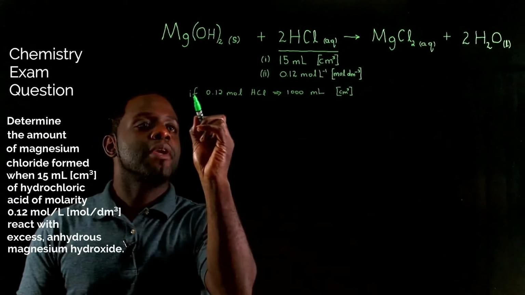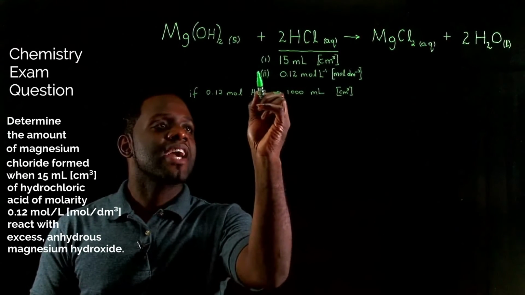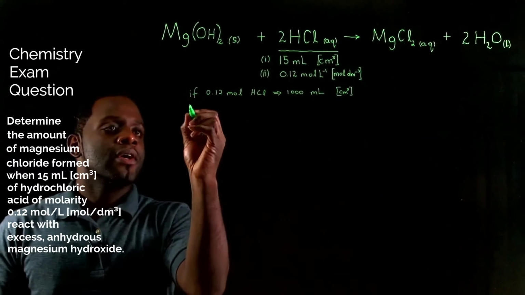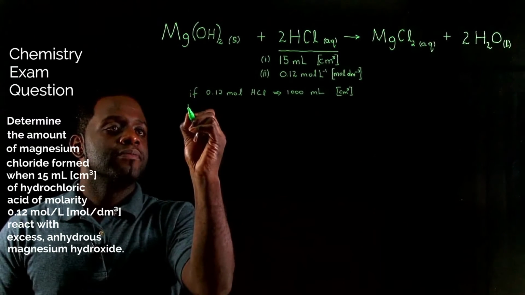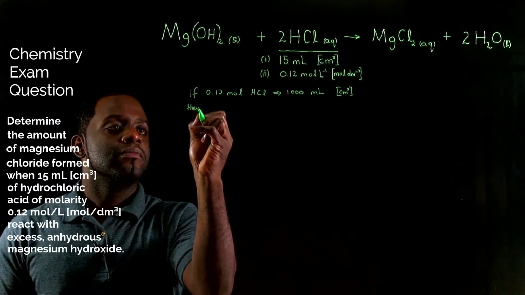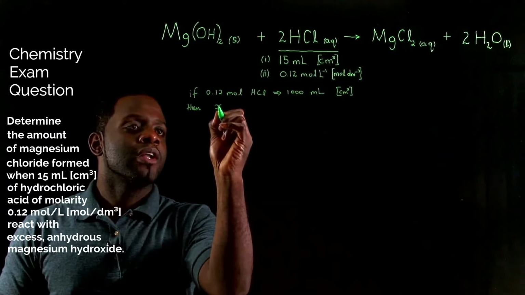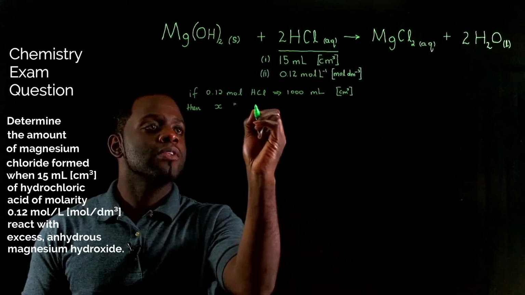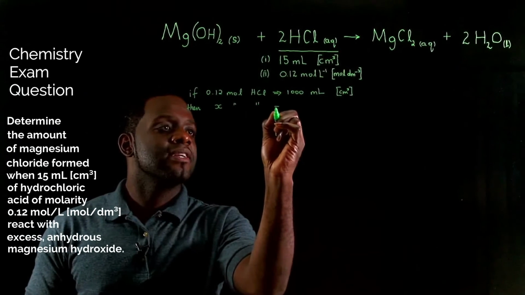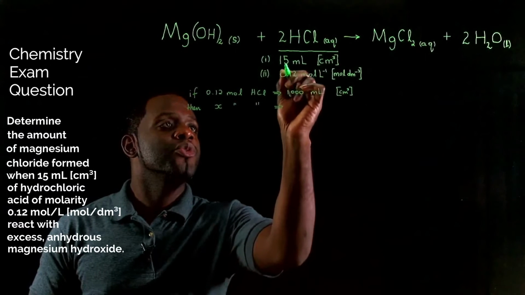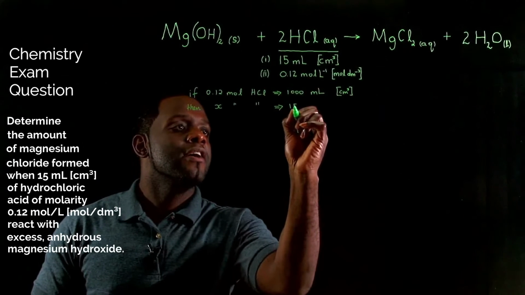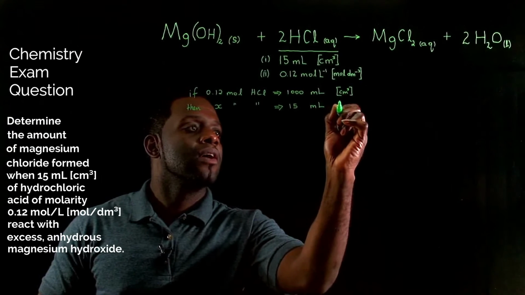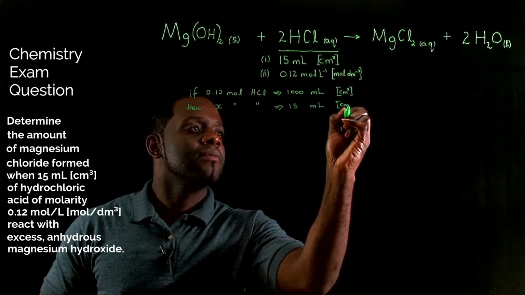And this information we get from the second statement here, the molarity. Then we do not know, so let's use x to represent that value, the number of moles of hydrochloric acid in the volume used, which is 15 ml or cm cube.